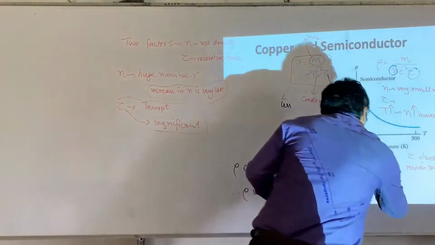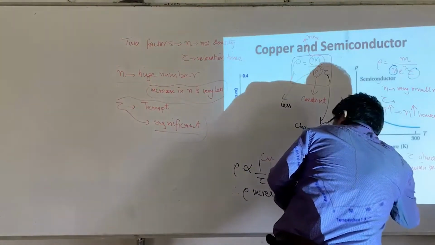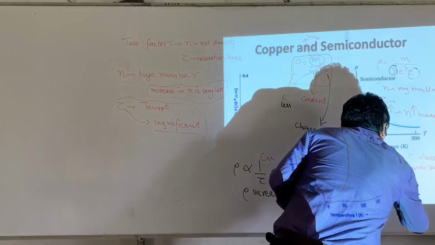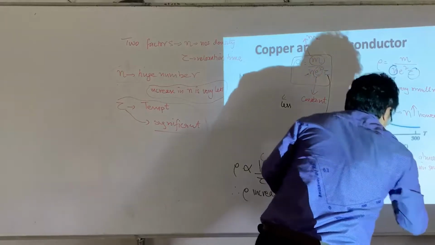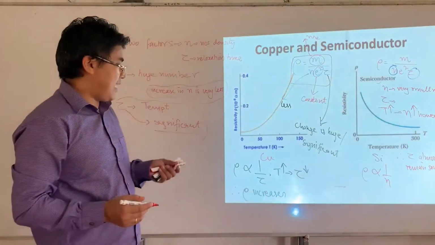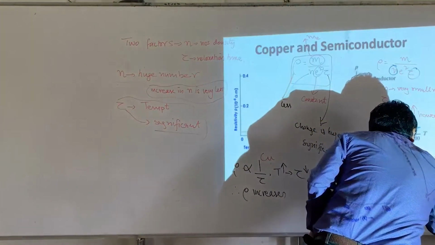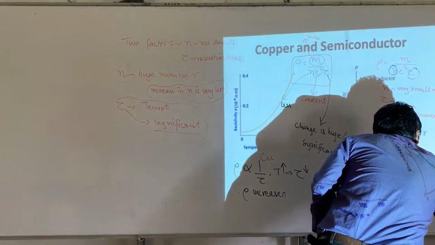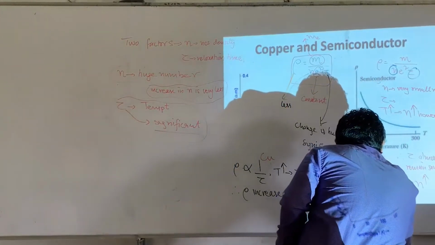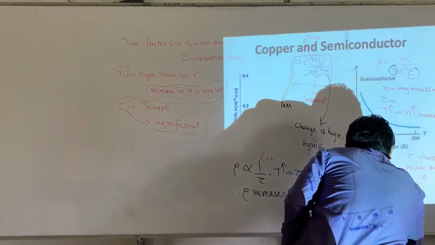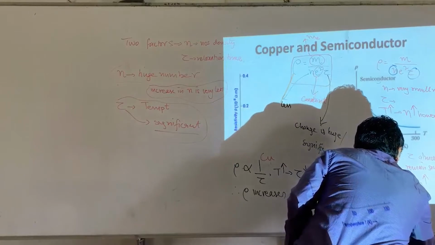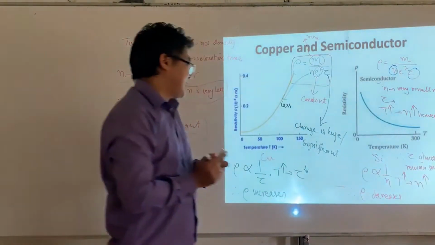So therefore, I write here that resistivity is proportional to 1/n. As temperature increases, n is going to increase. Therefore, resistivity decreases. This is the reason, right?